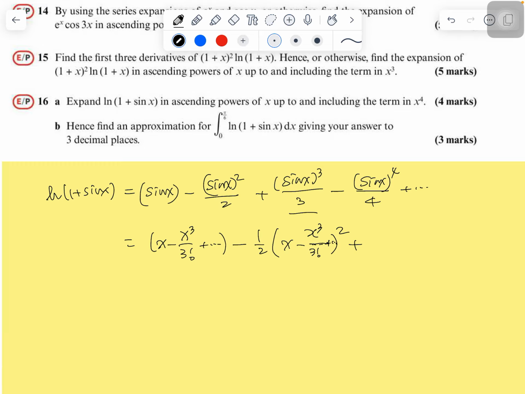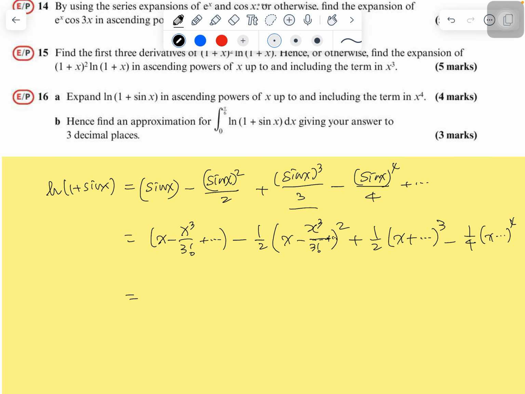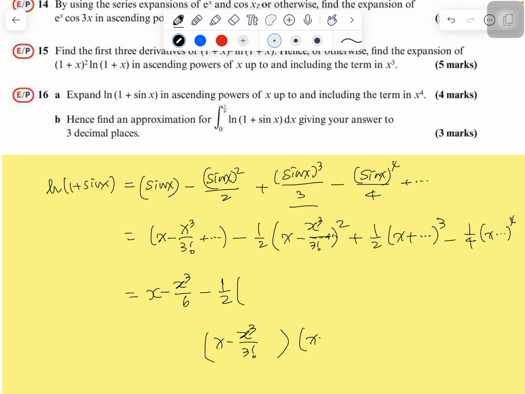And here, 1 over 2 x, cube minus 1 over 4 x to the power of 4. So now this is x minus x to the power of 3 over 6 minus 1 over 2 (x minus x cubed over 3 factorial), and x minus x cubed over 3 factorial.